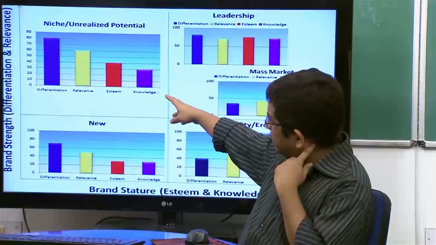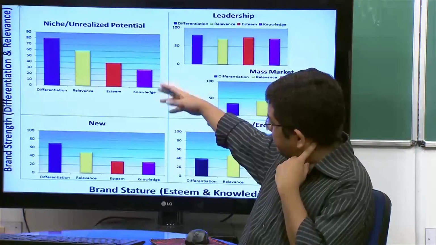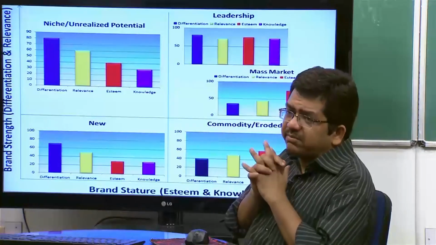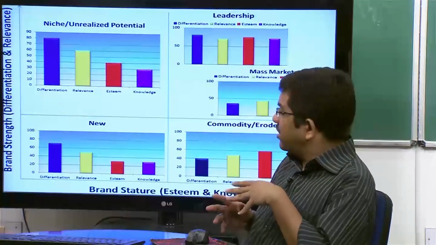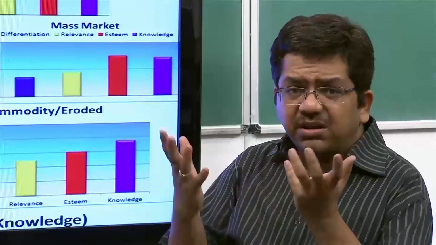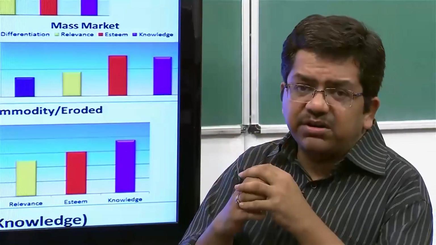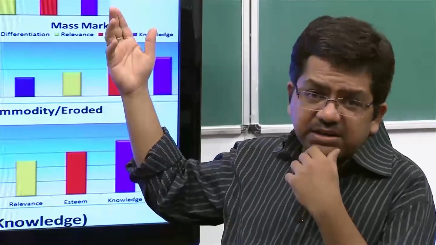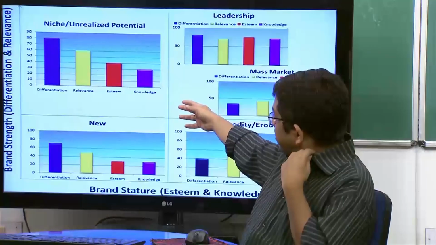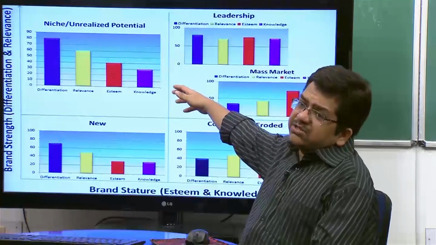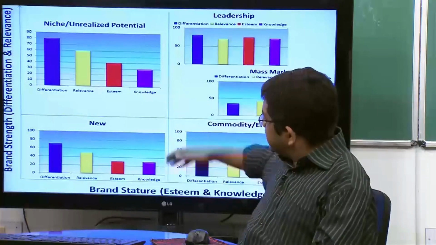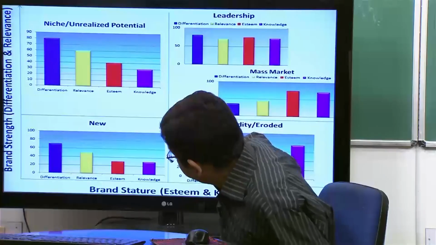It has a very clear cut differentiation in the mind of the customer, they perceive it to be very different and it is relevant, but since it is not of much relevance to the mass market, something like Harley Davidson, if you talk about a daily commuter, this brand might be very good at differentiating, in fact its esteem might be higher, but it may not be very relevant to those customers. Or a brand in the niche market which most of the people do not know, so esteem and knowledge are low on that brand.